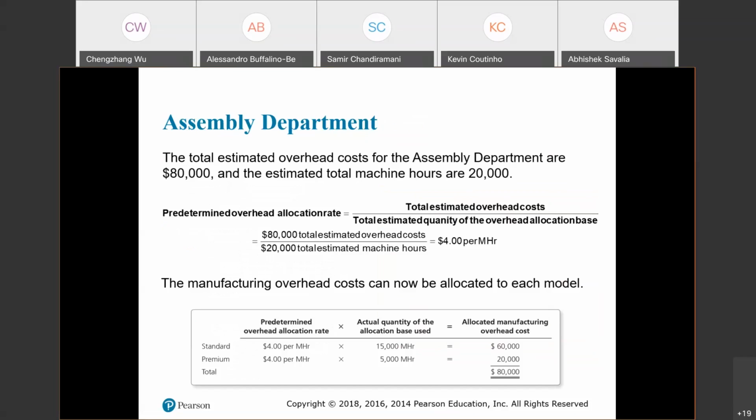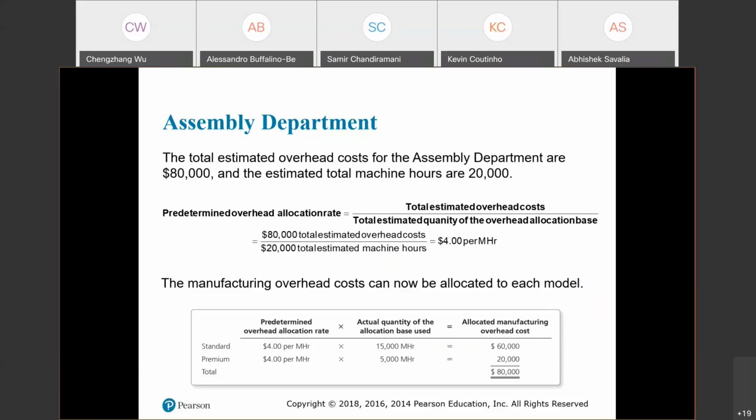The managers have traced the machine hours data for the assembly department for the next year, where we have 15,000 machine hours for the standard model and 5,000 machine hours for the premium model.